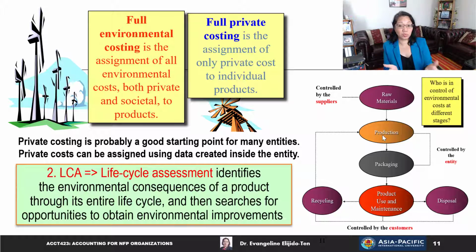So that's controlled by the customers. However, again, to a certain point, the entity could do something like, for example, choosing materials that are highly possible to be recycled rather than just disposed of at the end of the product's life cycle.